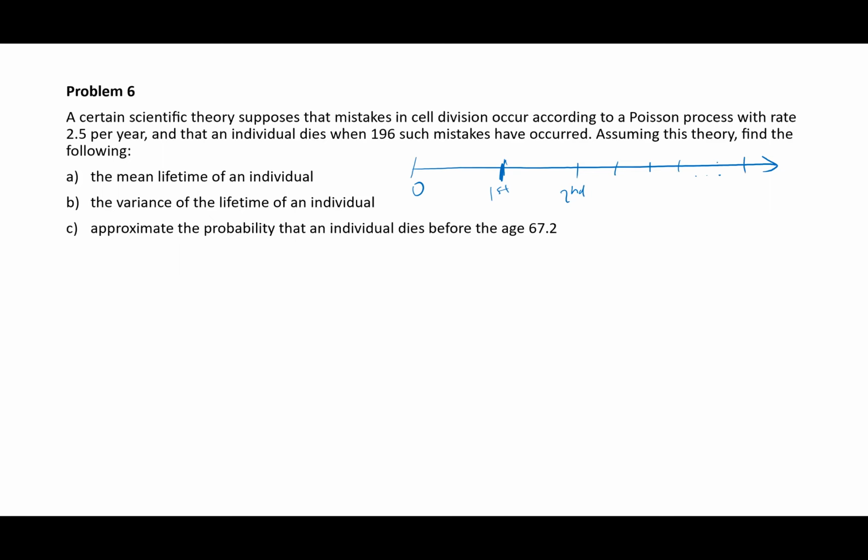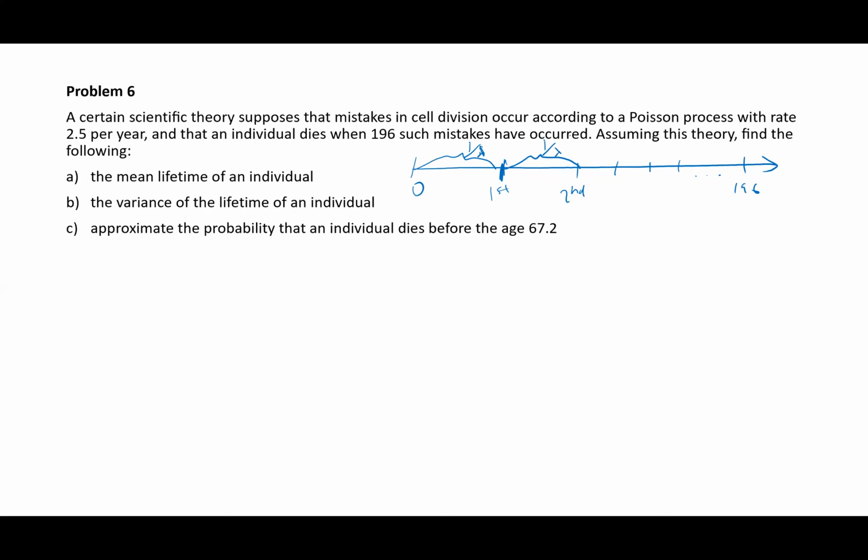Ultimately, your last mistake is the 196th. Because this is a Poisson process, we know that the expected time until that first mistake is simply 1 over lambda, which is going to be 2.5 per year. The expected time from the first to the second mistake is again 1 over lambda.